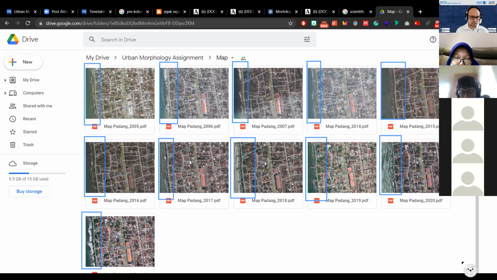The differences in color and shading seem to be due to the different times the photos were taken. Some of them may have been taken during low tide. Some of them may have been taken during high tide. So yeah, if that is the case, then you can just trace the most recent map.